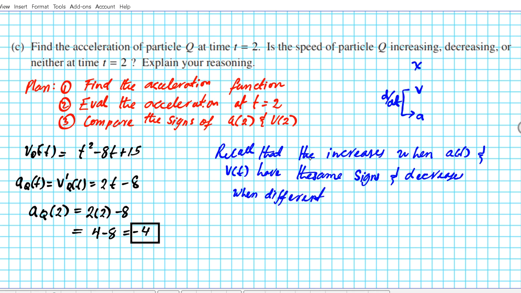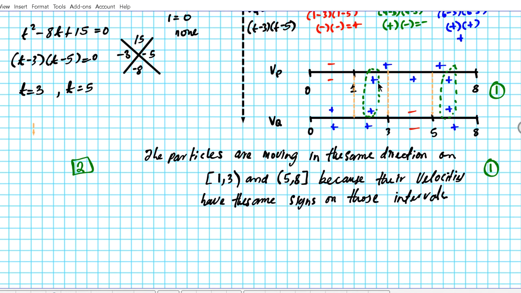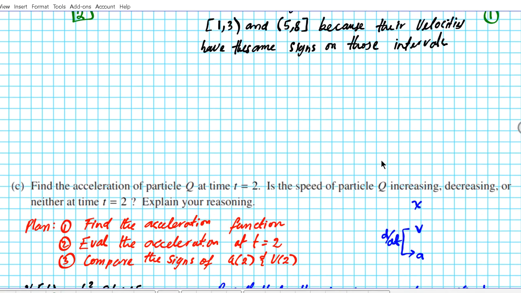So from the previous example, we know the velocity at 2 for particle q. Let's look at it real quick. It's right here. It's positive.